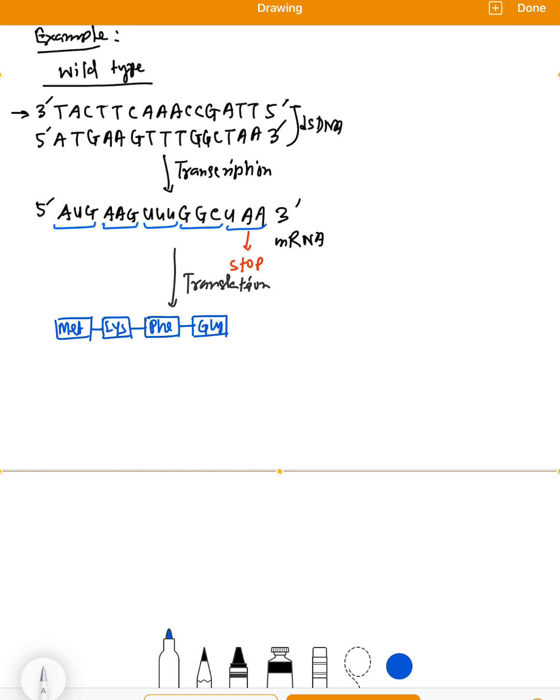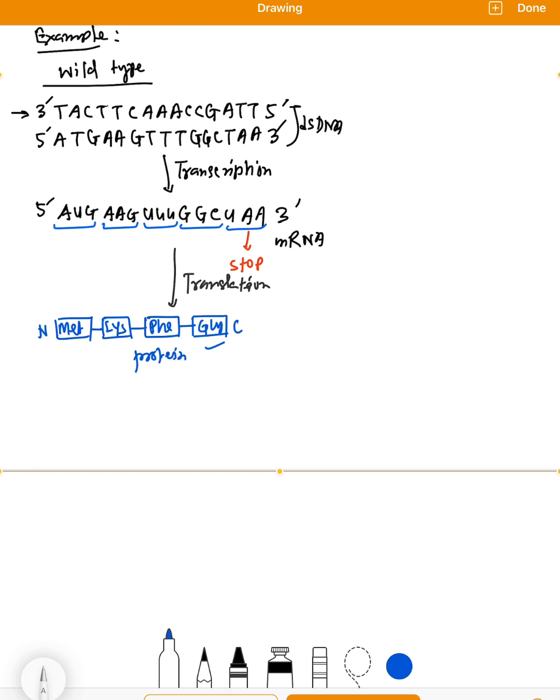But the fifth codon is a stop codon, so it will not give any amino acid. Suppose this is the N terminus of the protein and this is the C terminus. In this wild type case, the protein has four amino acids in the sequence: methionine, lysine, phenylalanine, and glycine. This is the protein after translation in the wild type condition.